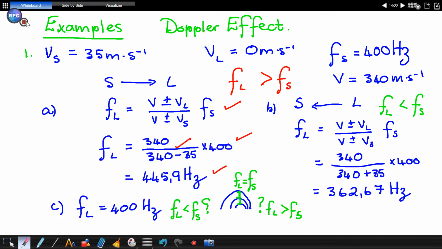So now the question says, what will the observed frequency be as the ambulance passes the boy? So the boy is standing there listening to the waves that are coming towards him, and those waves will have the same wavelength as a stationary source.